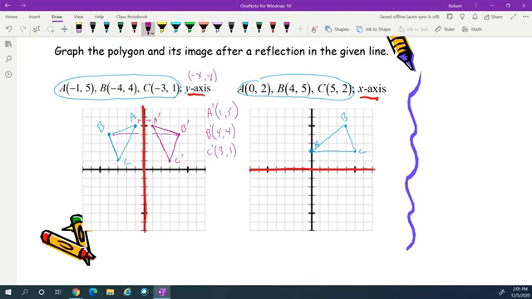Well, again, from our notes earlier, from our rule, reflecting over the x-axis, our rule says take our x and y, keep the x, change the y sign, multiply by negative 1.